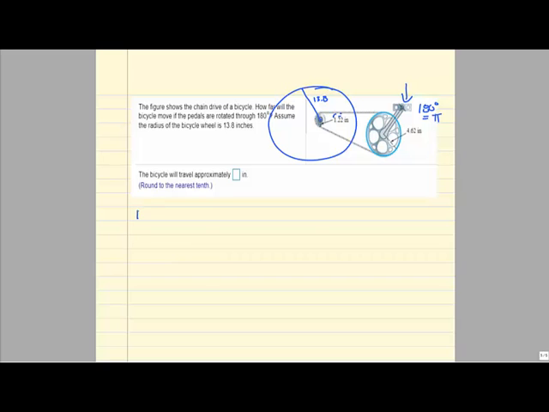I'm going to write out some information. I'm going to call this the pedal gear. So the pedal gear will turn, and as it turns, it'll turn the wheel gear.